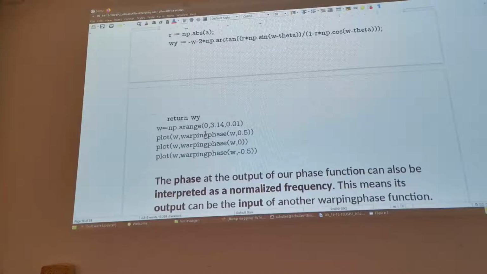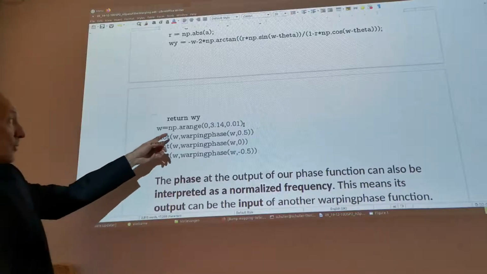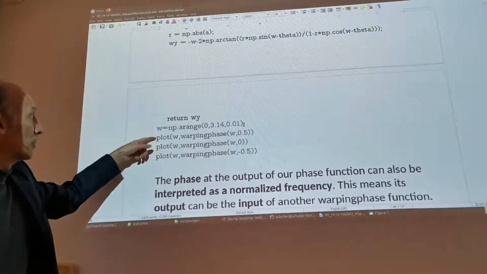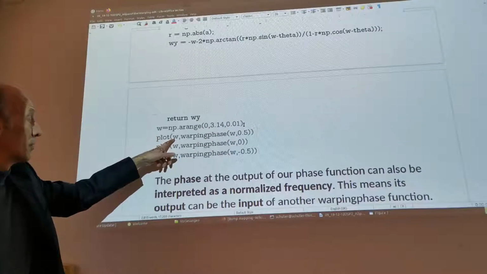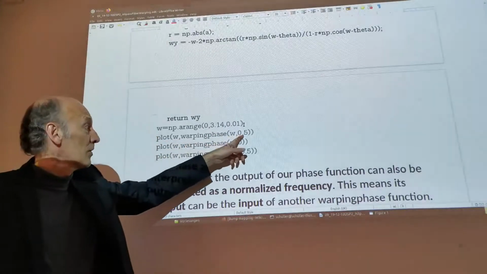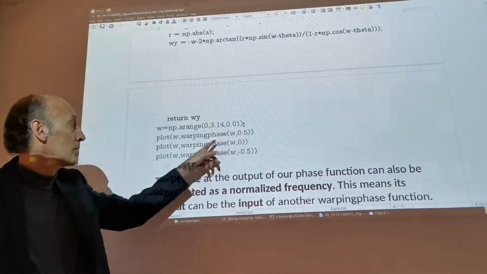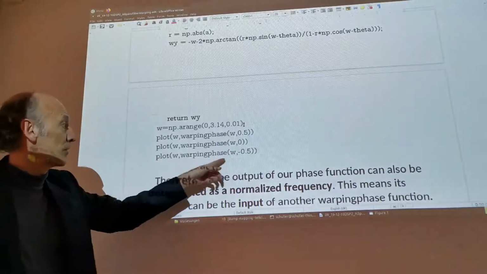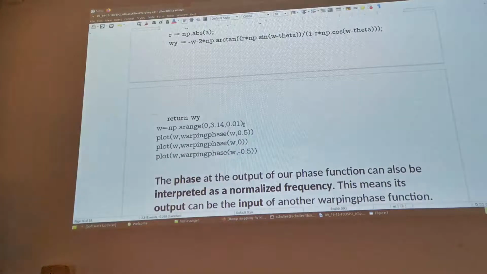Then we can plot it. As the normalized frequency, we take the range from 0 to pi in steps of 0.01. Then we plot the frequency axis and the resulting phase with A equals 0.5, with A equals 0, and with A equals minus 0.5. So this is basically the curve that we just saw.